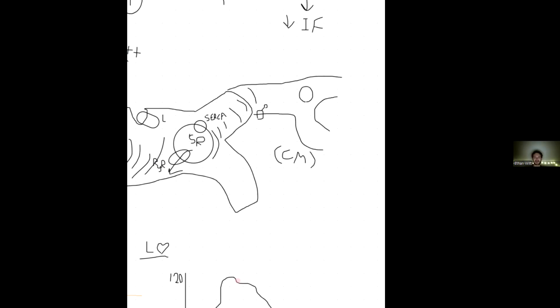We have a gap junction between the SA node cell and the cardiomyocyte, meaning the signal is propagated very easily. And then we have our old friend, the voltage-gated sodium channel being activated.